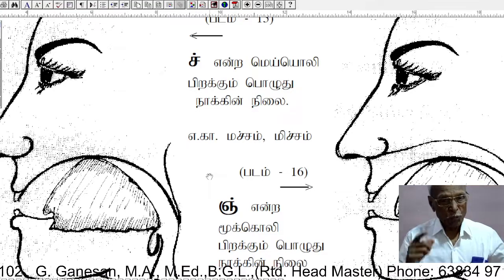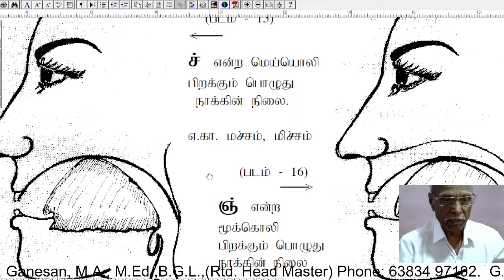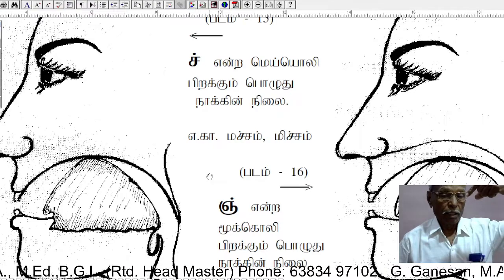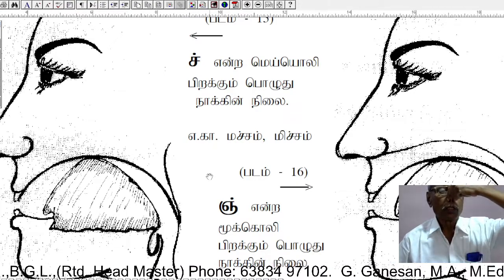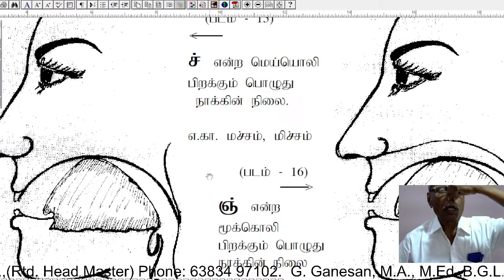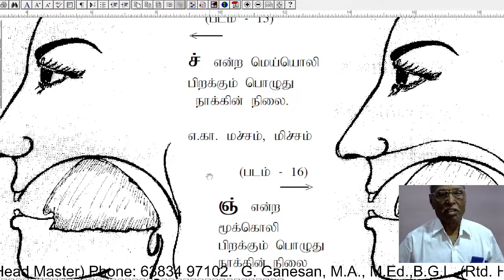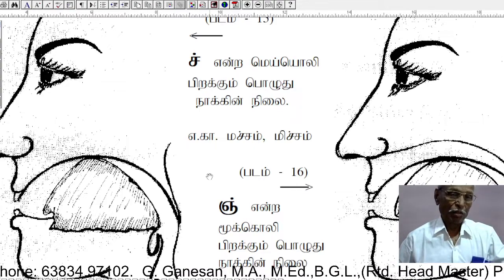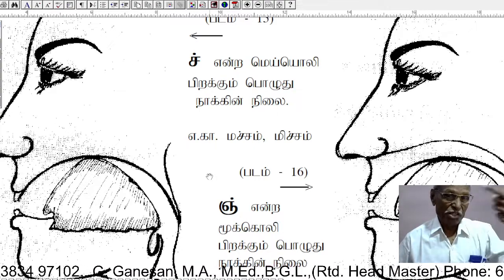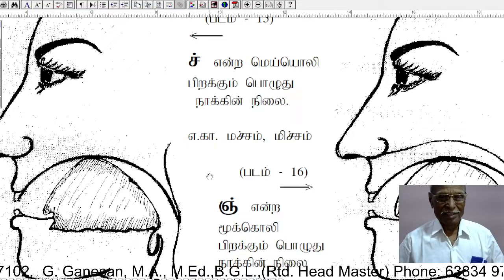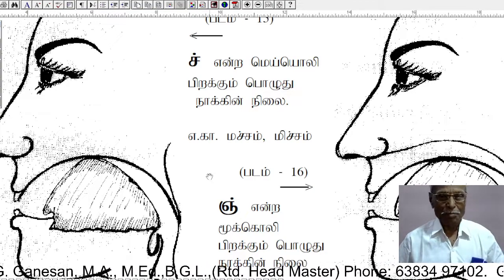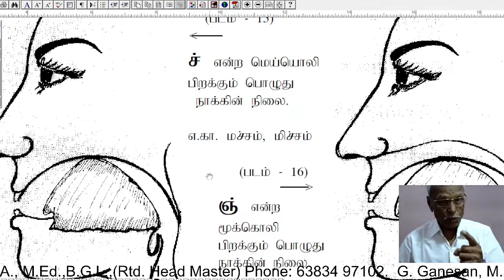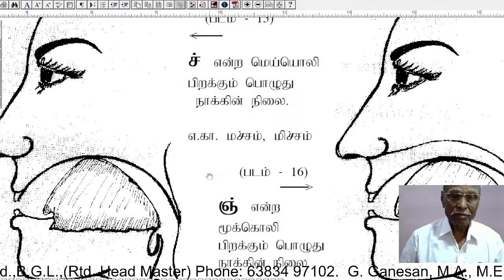But we can't produce the sound ing by tightly holding the nose. I can't. Ing. When the nasal cavity is free, the air is capable of escaping through the nose. So this is the main thing that you have to know.